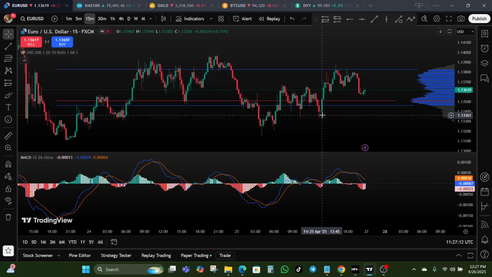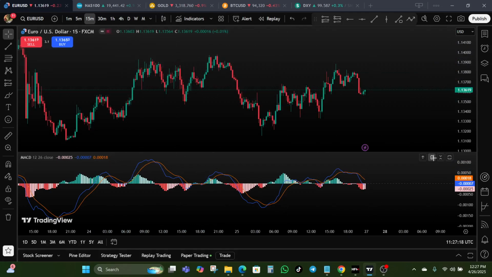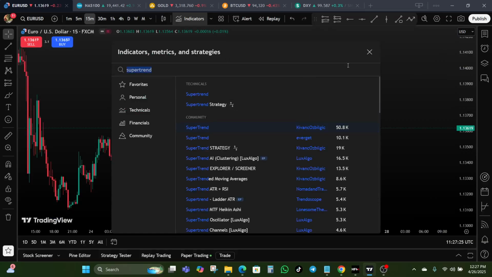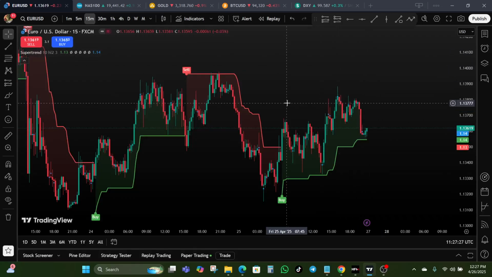All right. Finally, one of the most underrated indicators is the super trend indicator. Okay, I'm just going to be adding the super trend indicator to the chart. All right. So now this indicator combines trend direction and volatility in one easy to read tool.